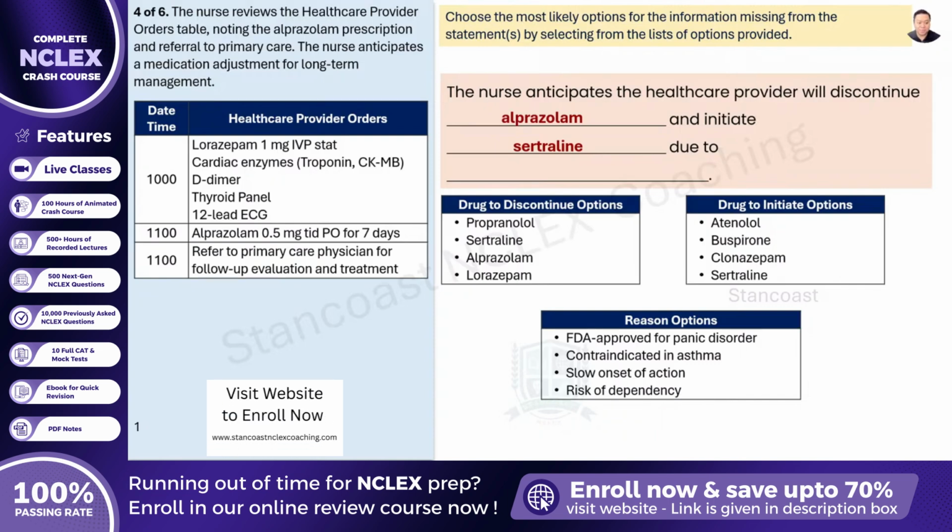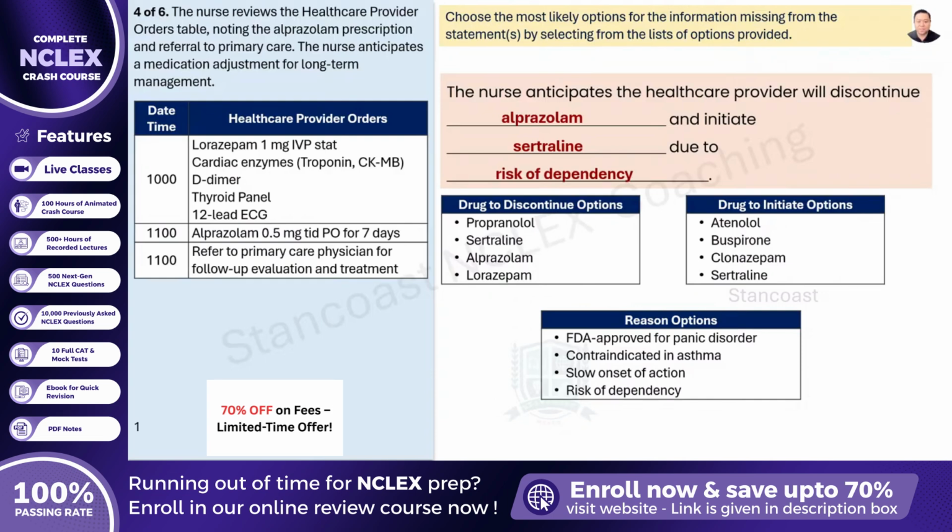Now let's look into the reason why alprazolam should be discontinued. We got the options: FDA approved for panic disorder, contraindicated in asthma, slow onset of action, and risk of dependency. I think I've already talked about this. That's the answer: risk of dependency.